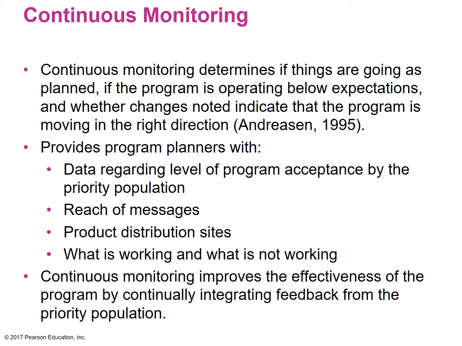Product distribution sites are basically locations where you're implementing the program. How are they working out? Are they as convenient as we thought they were going to be? Basically, what's working, what's not working. If it's not working, then you don't want to continue dumping resources into something that's not producing the expected results. So those are places where you want to have some revision.